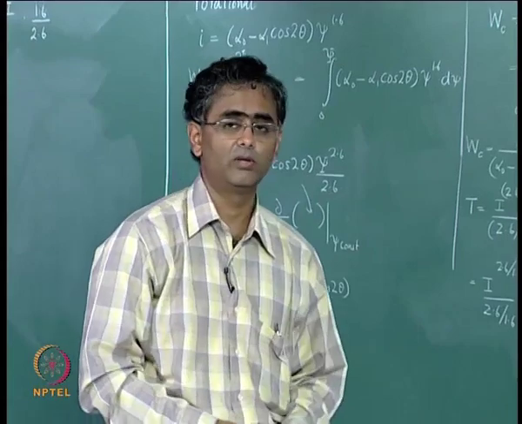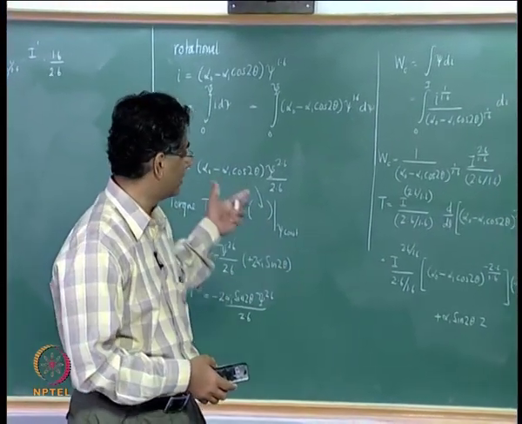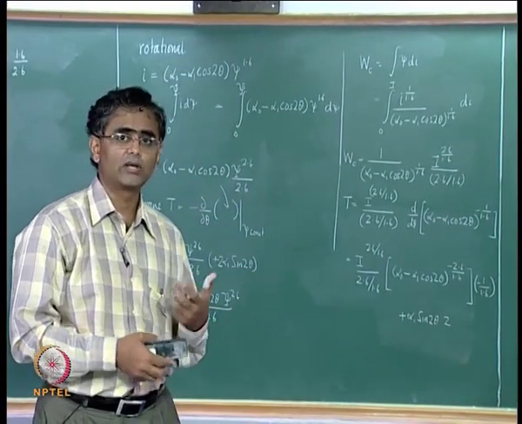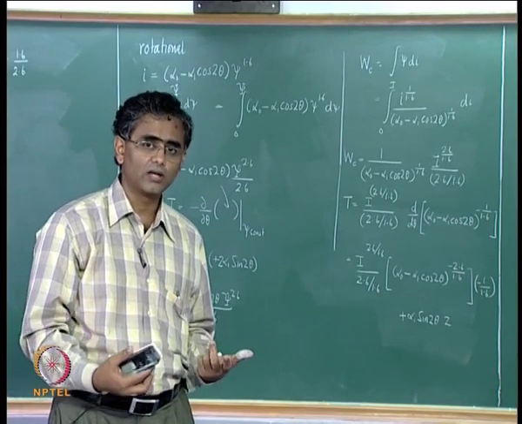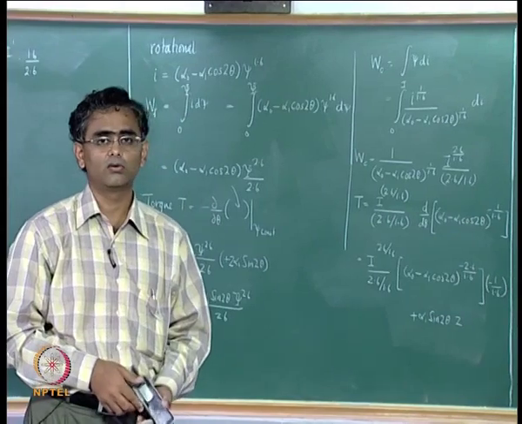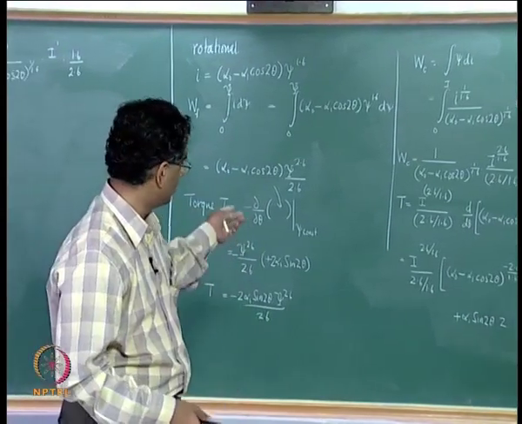This would probably be the best way to do it. If you know the analytical expressions, one can undertake the differentiation as such, but if one does not have analytical expressions to express Wf or Wc, one has to take recourse to some kind of numerical method which can enable us to do all these differentiations.